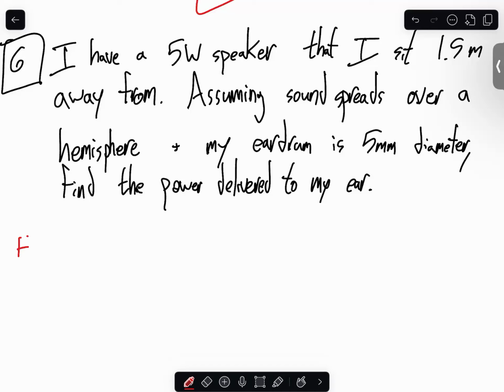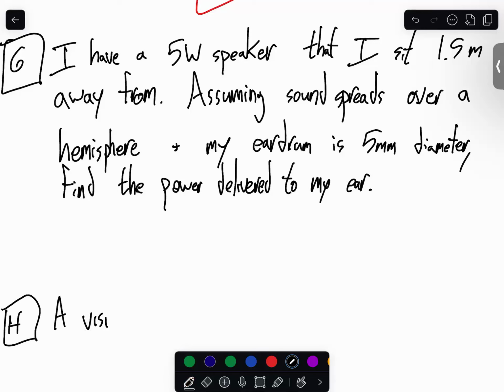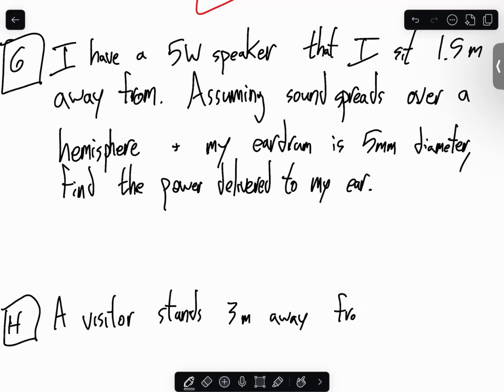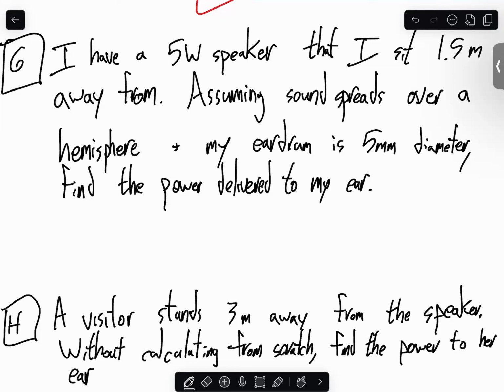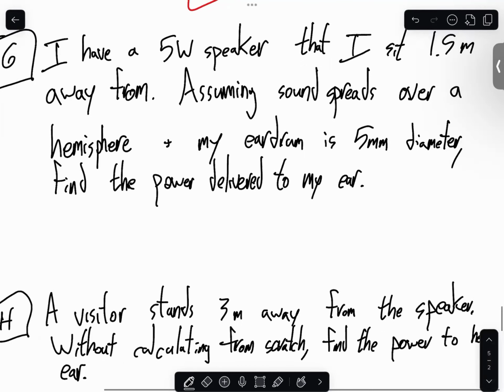And here's H. Follow-up question H: somebody stands twice as far away.